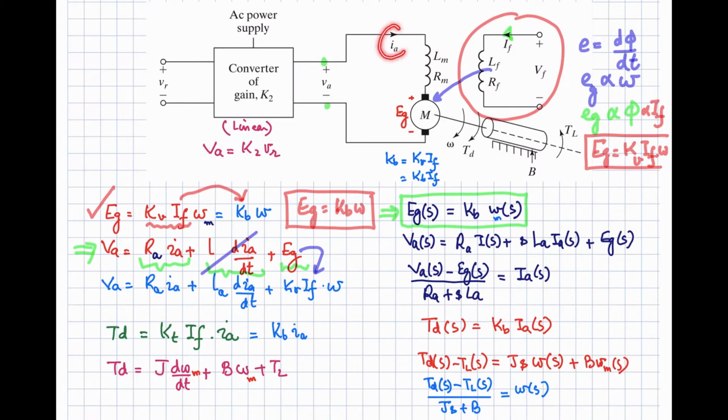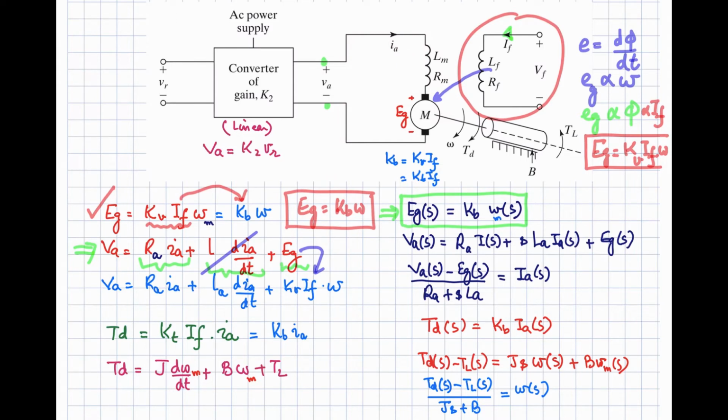The magnetic field of the armature depends upon the armature current, and the magnetic field of the field winding depends upon the field current. So the torque depends upon the magnitude of these two. Basically it's the cross product of the field magnetic field and the armature magnetic field. But it can be represented like that: the developed torque is proportional to Ia and proportional to If. Combining these two, we can write it like that.